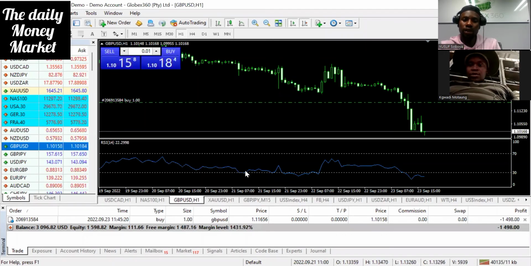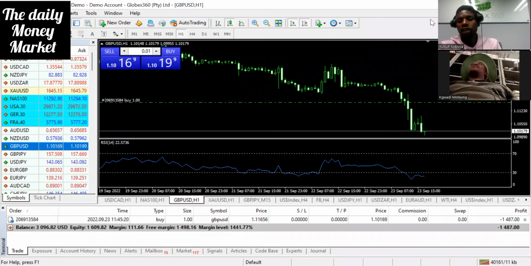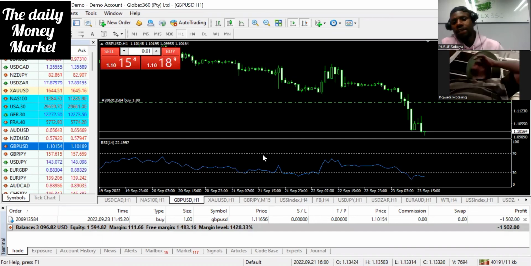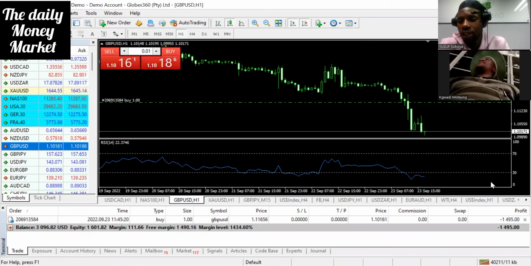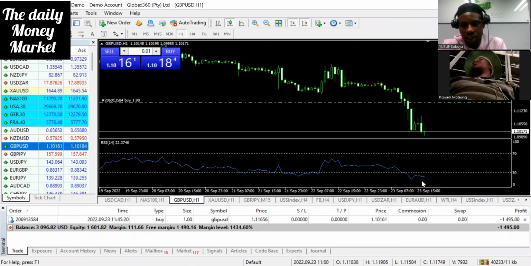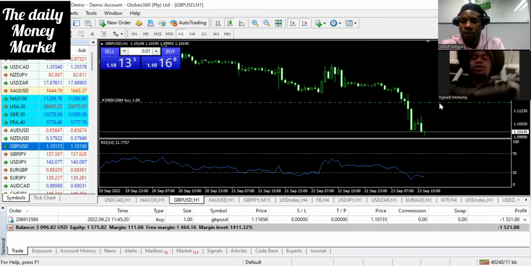Every time it gets to 30, it has crazy momentum going up. So you can just wait until it gets to 30, and then you know that this is a strong buy. Once it gets to 70, you must always know that it's overbought. If you don't know where to enter the market, you can just look at these numbers: 0, 30, 70, 100, simple like that. Look at this line, when it gets to here, you buy.